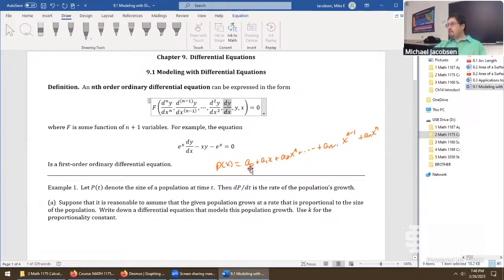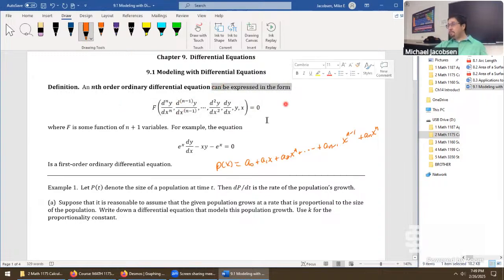And then by analogy, the a naught here would be the function y, that's the unknown, and the function x. If we write out our differential equation just right, we can set it equal to 0. And so that means every differential equation can be expressed in that form. Not that we always express it in that form each and every time. It's just that you could if you wanted to.